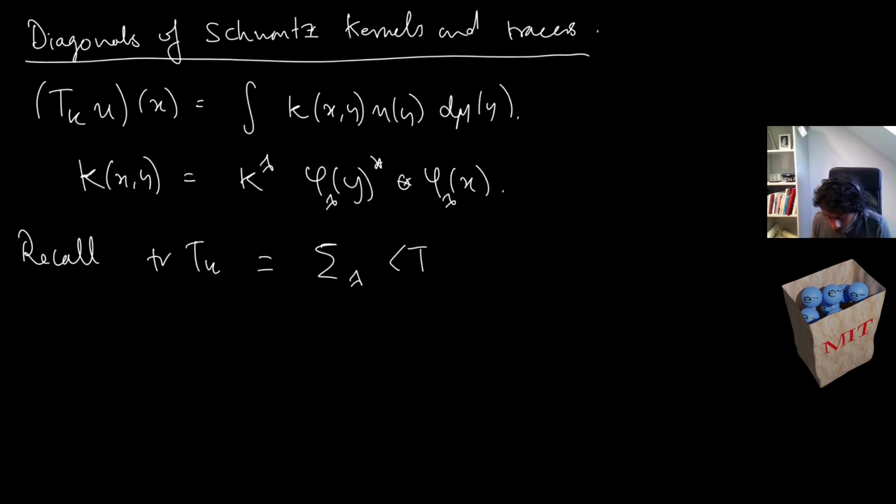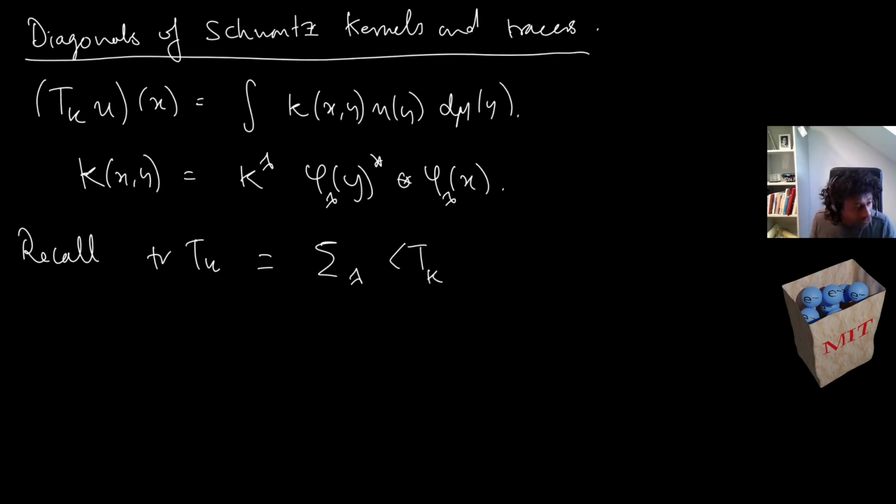If we have the spectral decomposition with respect to the operator T_k, so that we can write the kernel in terms of eigenbases of this form, then we can just choose that as the basis in which we evaluate the trace, because the trace is independent of the basis. So this is just going to be T_k of phi_lambda.